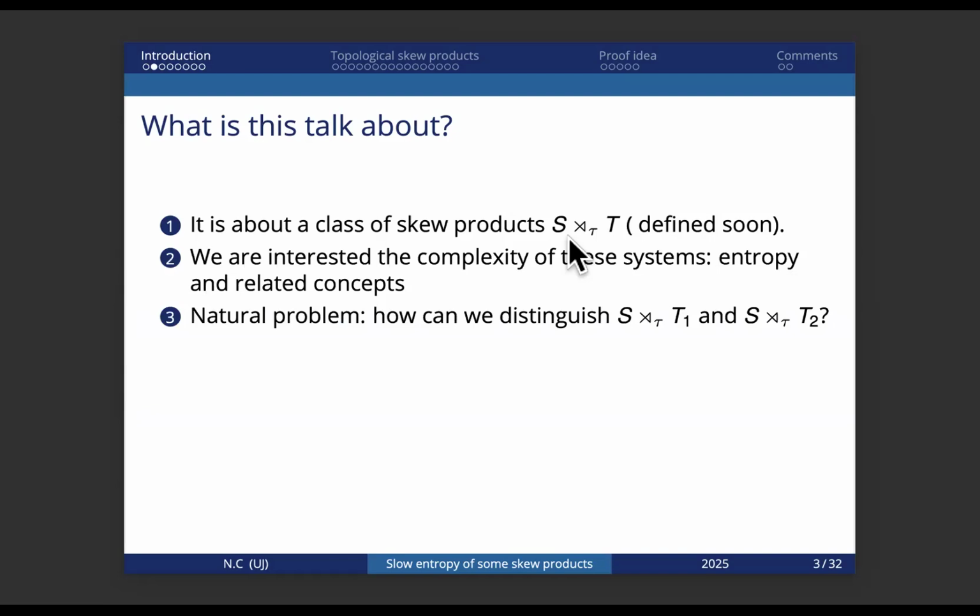And well, we have this natural problem, which is how can we distinguish two skew products that have the same base? So we have S times T1 and S times T2, and we may want to distinguish these two dynamical systems, which could be a very easy question depending on the situation, or could be a difficult question that complicates things.